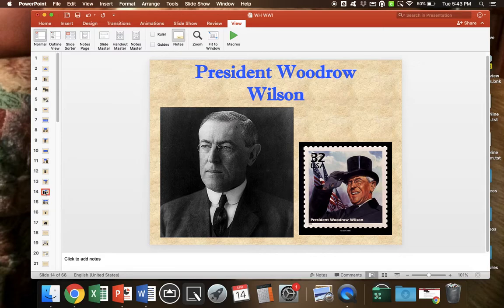President Woodrow Wilson will also play a crucial role in the writing of the Treaty of Versailles with his 14 points and the power of Wilson's 14 points. And that is the stamp that was made in honor of Woodrow Wilson.